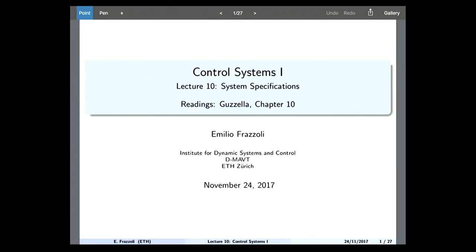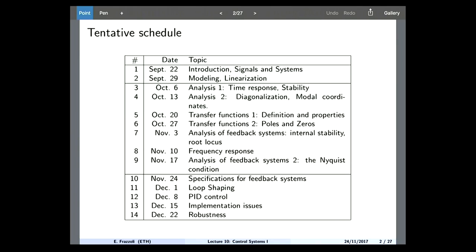Okay, so where are we standing in the course? Essentially, last time, modulo a couple of slides, we finished talking about the second part of the course, where we are looking at analysis tools, that is, tools that allow us to understand how the system will behave, especially after we close the loop, based on the knowledge of how the system behaves in open loop.